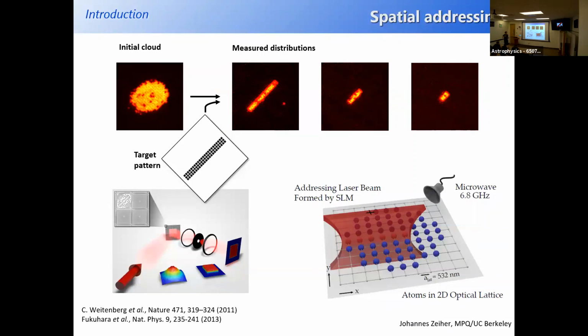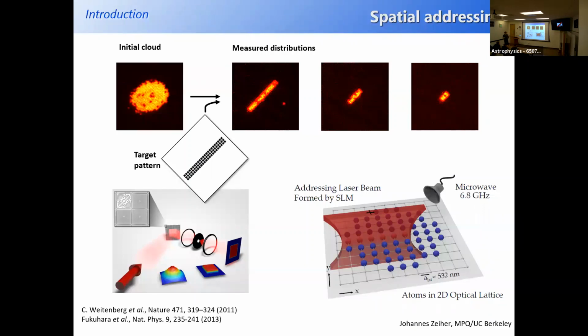We can shine a light pattern onto the atoms to cut different final density distributions from this initial Mott insulator. So we have very good control over what starting state we have. In this case, for example, we could think about an initial 2D system, but we can also go to a quasi-1D geometry to explore different physics. This is something we use a lot, and this technique enabled by the microscope is very useful for controlling your initial density pattern.